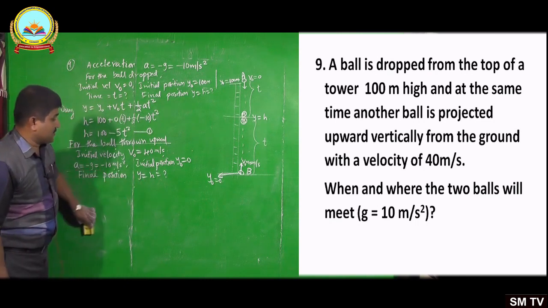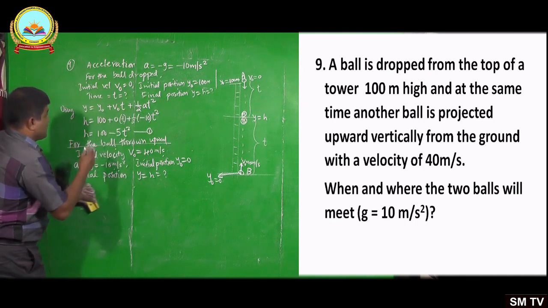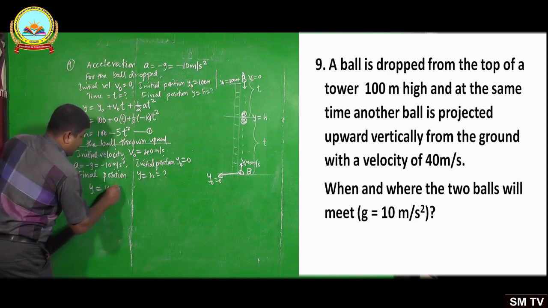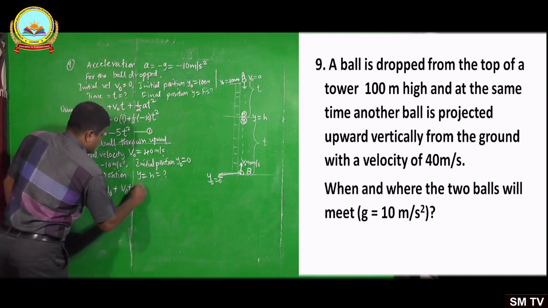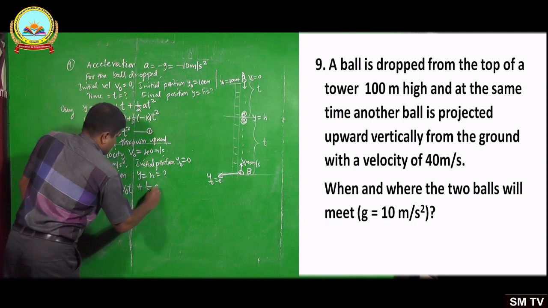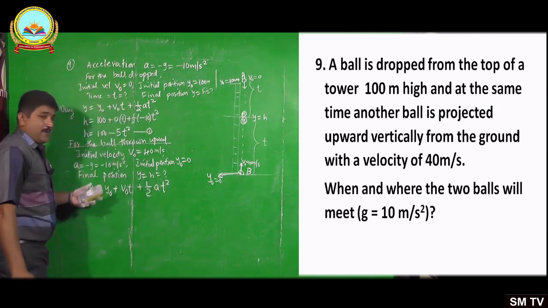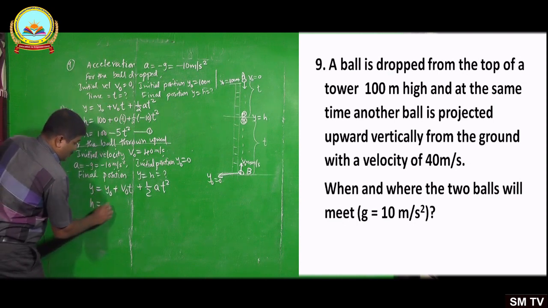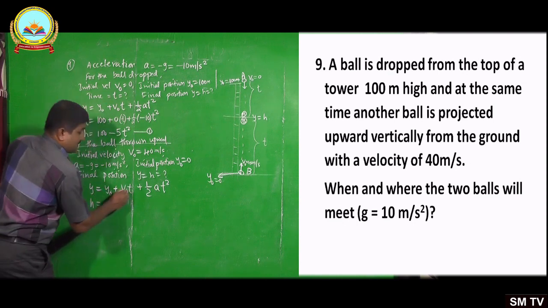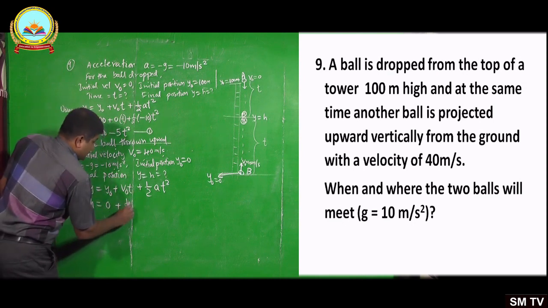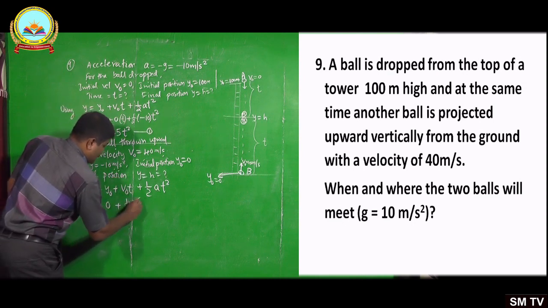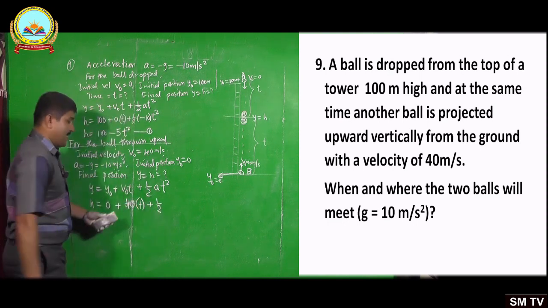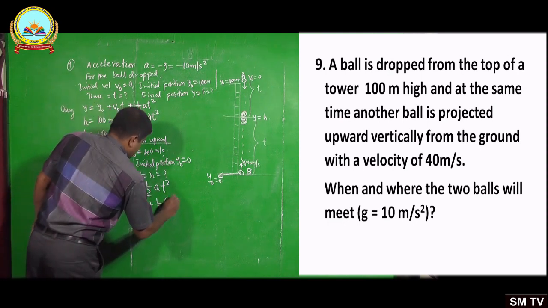What happens? Now substituting in the same equation, using the equation y equal to y naught plus v naught t plus half a t square, the same equation we are substituting systematically here. So y final position h, y naught is ground, so 0, but velocity v naught is given here 40 into t, 40 into t plus half a is minus 10 t square.